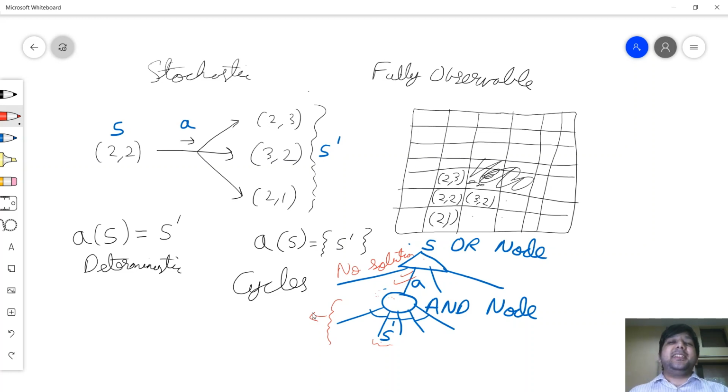Now let me represent what the solution will look like as a general architecture. So the solution is, of course, not a path, because I do not know the moves of God.